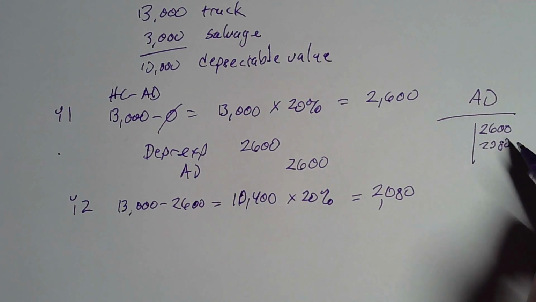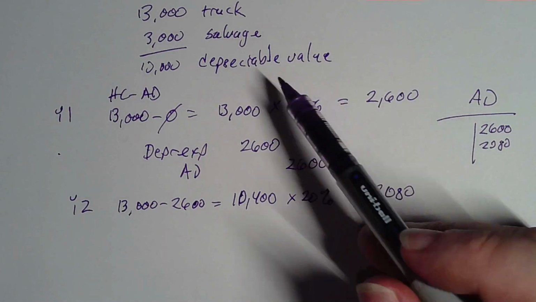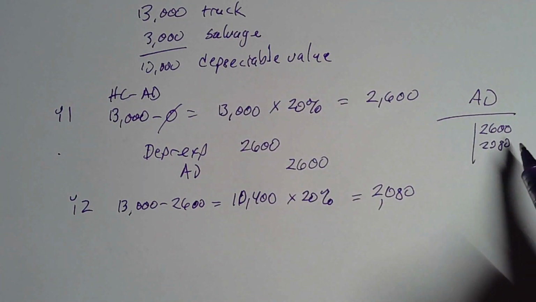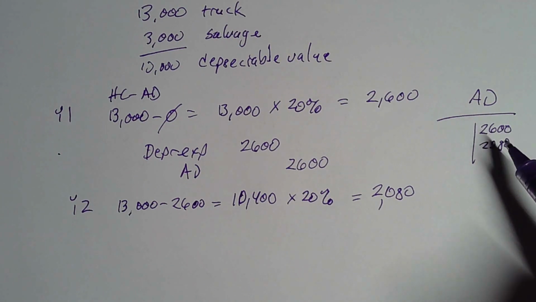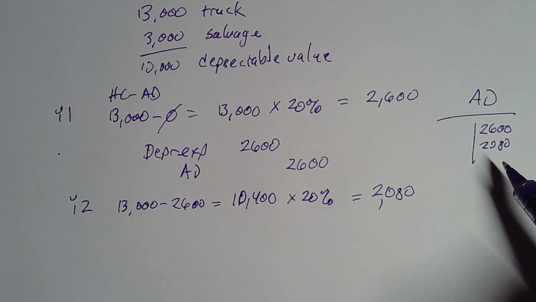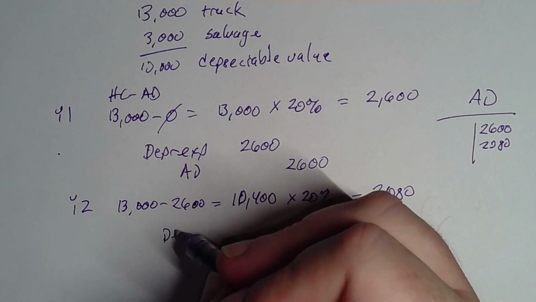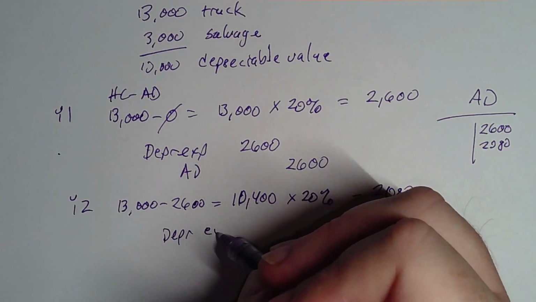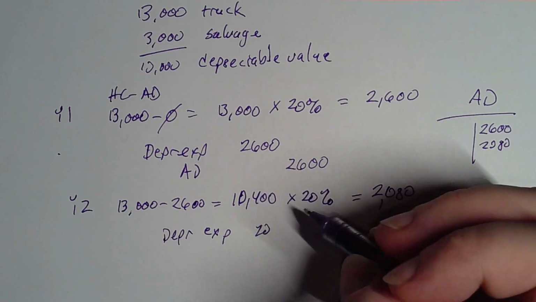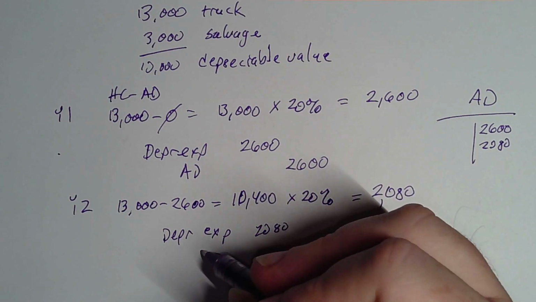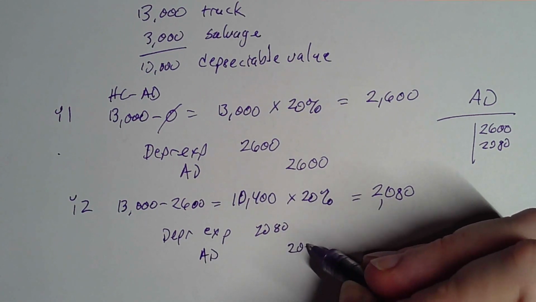If we remember, we did this whole same thing with straight line, and straight line was 1,000 per year. So you can see with the double declining, we're really front loading it. And so therefore our depreciation expense would be 2,080, and our accumulated depreciation would be 2,080.